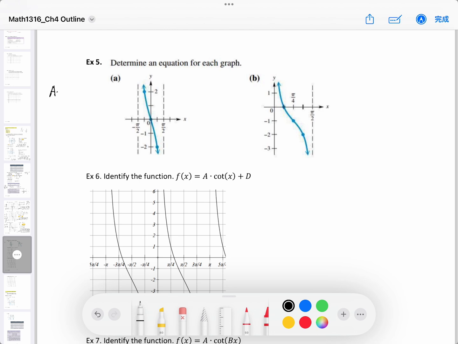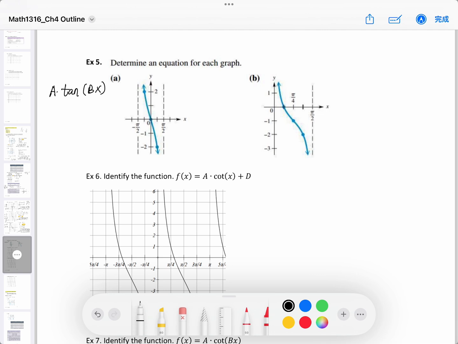A times tangent BX. Some of you say you can put a plus D, but there is no vertical shifting because the middle point is at 0, 0. So I can erase the D.